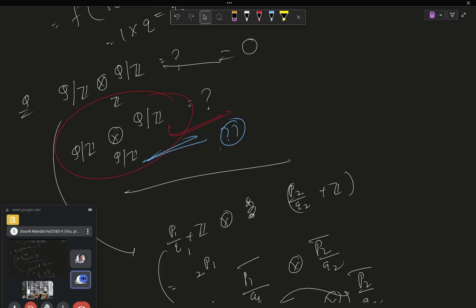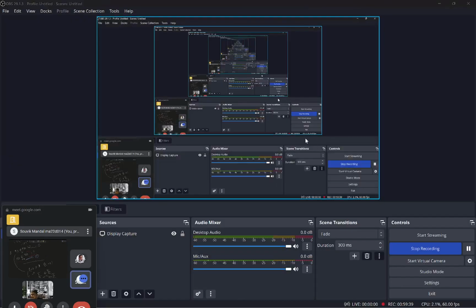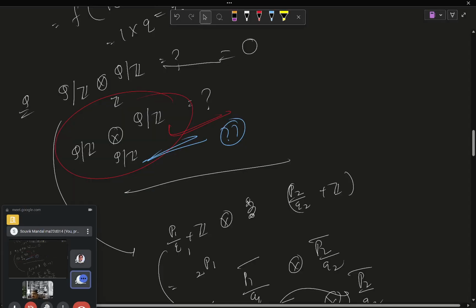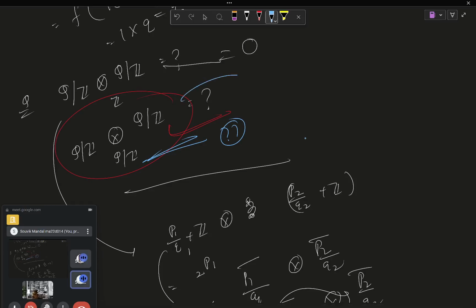And we have also done one theorem in the second last session. It is Q by Z. Yes, correct. Very nice.